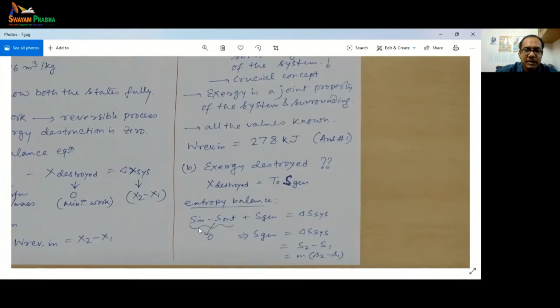If we write the entropy balance equation, which we have written multiple times in the last tutorial, S in minus S out. Here there is no flow going in or out, so this part will be 0, plus S generated, the entropy generated, will be equal to the delta S of the system. So the generated entropy is nothing but M into S2 minus S1.